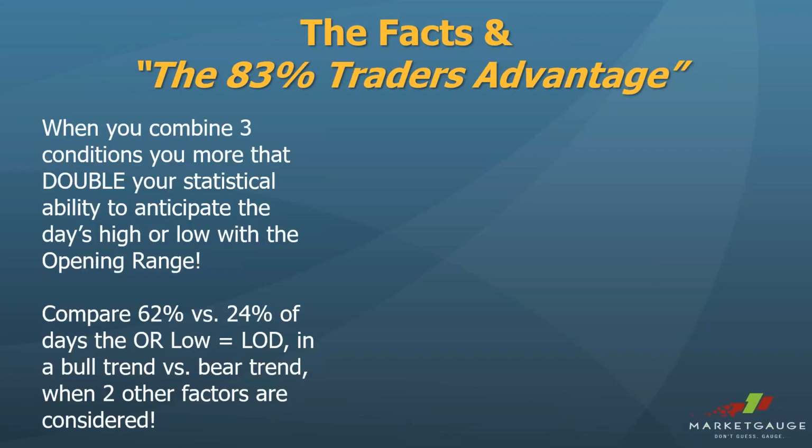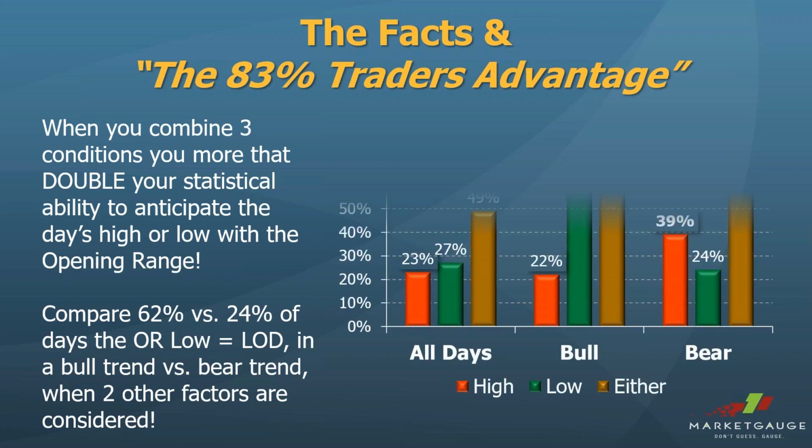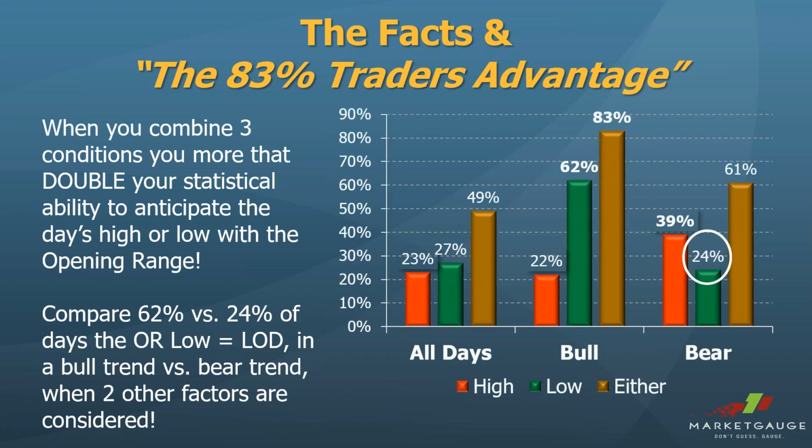All right. In fact, if you take this opening range and you combine it with three other simple indicators, you can dramatically change the statistical probability of your ability to guess whether you're going to be a high or low of the day at the opening range. Let me reframe that.